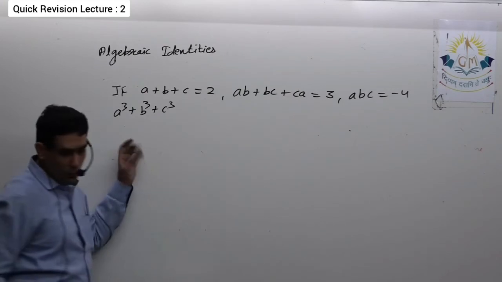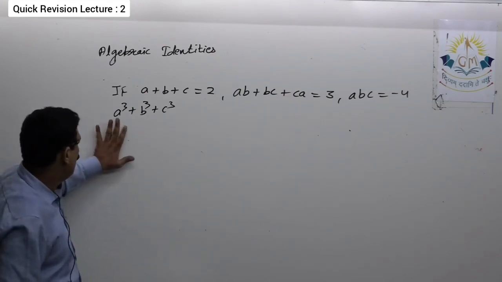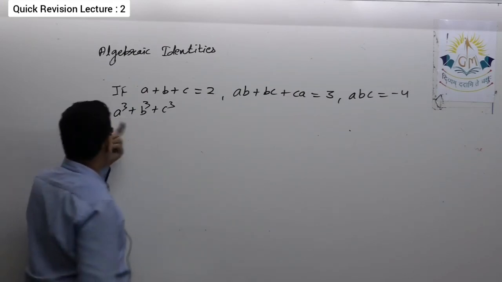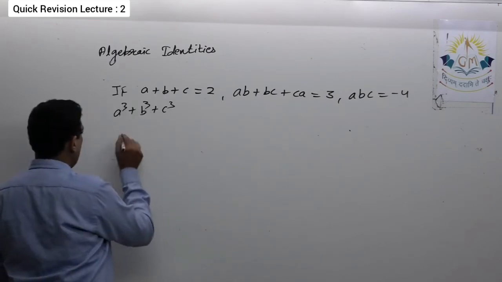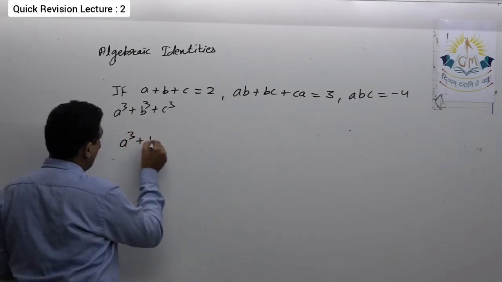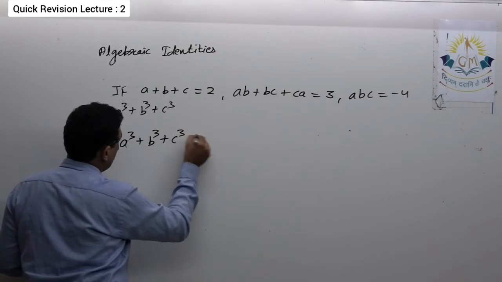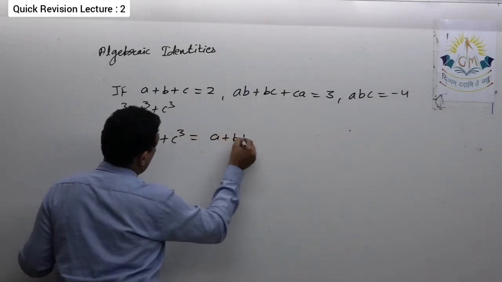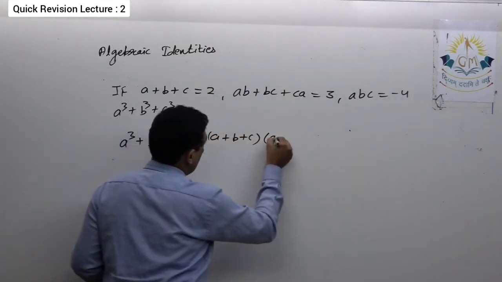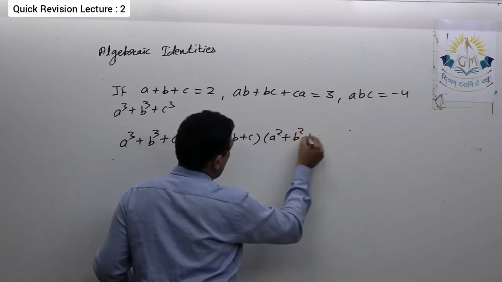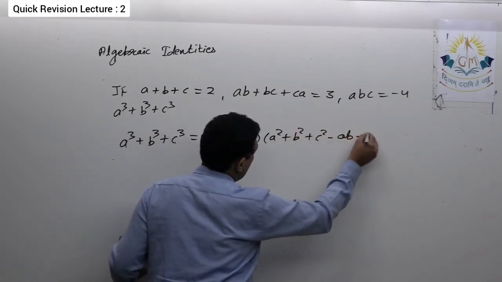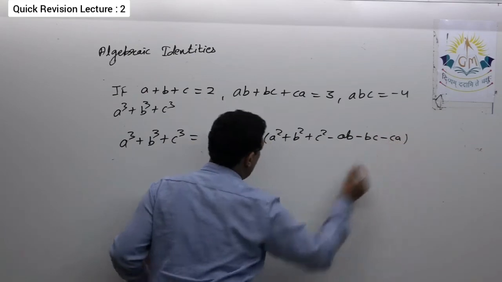There is only one identity which has these terms a cube plus b cube plus c cube. So first of all I write that identity: a plus b plus c times a square plus b square plus c square minus ab minus bc minus ca.